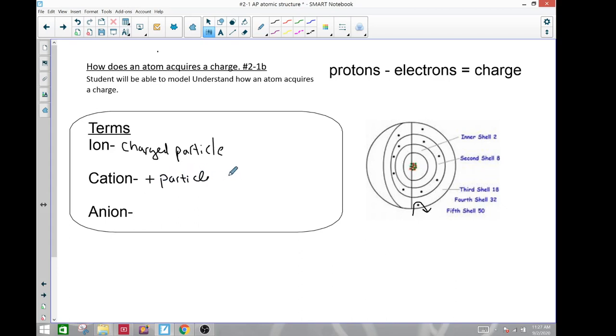That's just something where your protons are a greater amount than your electrons, whatever that happens to be. An anion is a negative particle, and this is just something where your electrons are a greater amount than your protons.